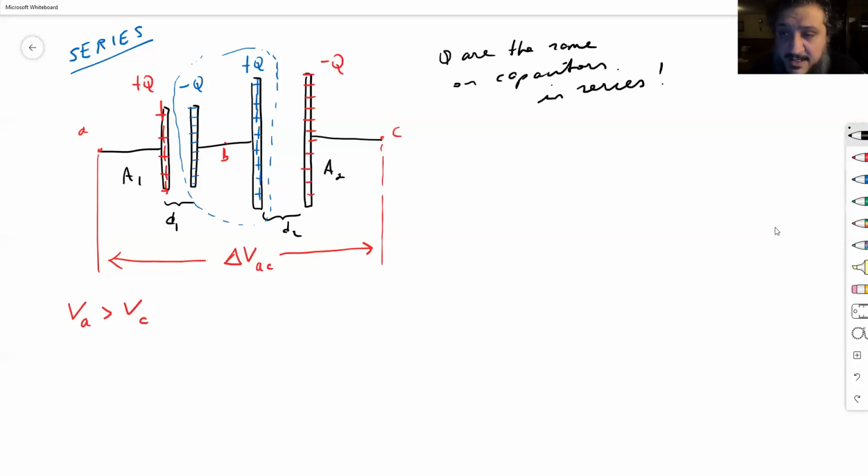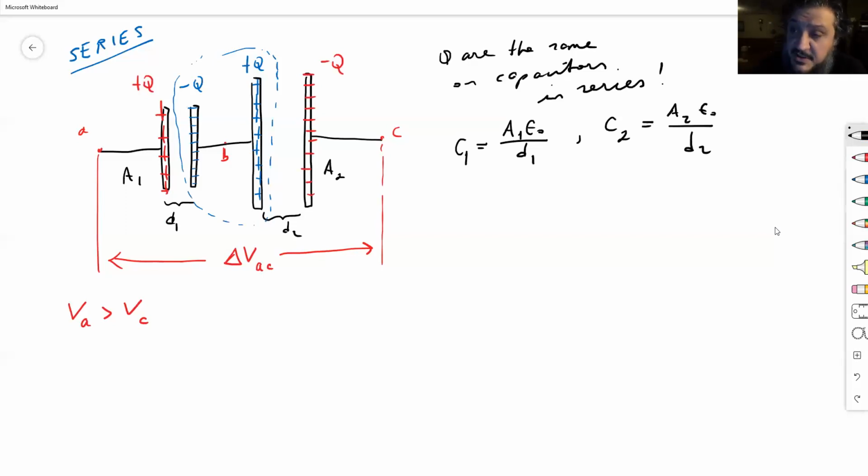I already know how to calculate the capacitance. If you remember from the very beginning, the capacitance of these parallel plate capacitors will be equal to, for instance, A1 times epsilon 0 divided by D1. You can find the capacitance of the one on the right. That will be A2 times epsilon 0 over D2, etc.